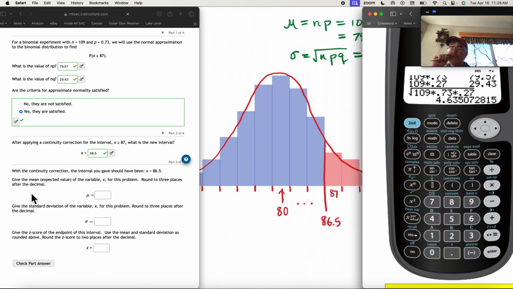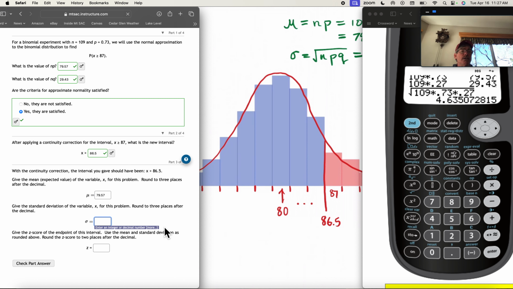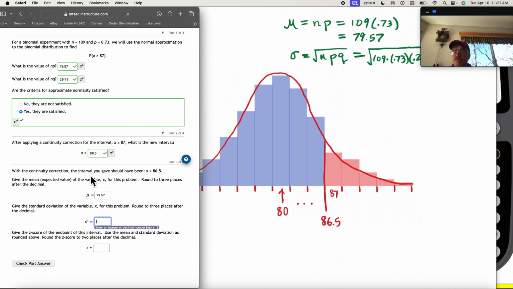All right, so over here it says give the mean, round to 3 places. Okay, so the mean was 79.57, and there really aren't 3 places to round to, so we'll just go with 79.57, like that. Standard deviation, also 3 places. This time we got 4.635 for the standard deviation.